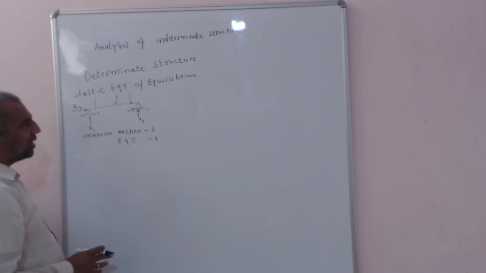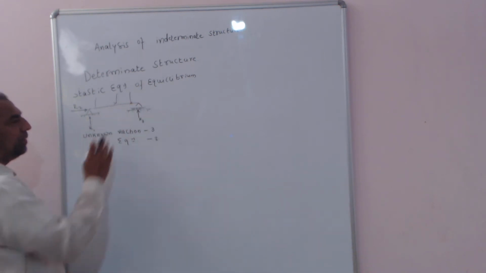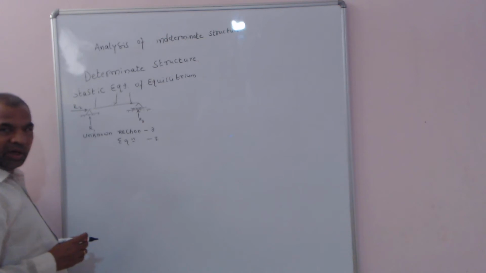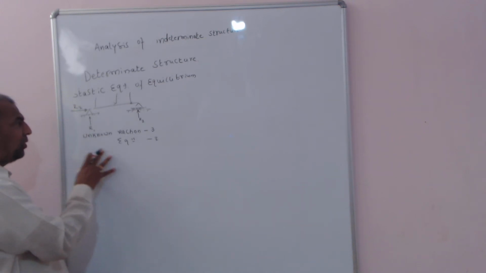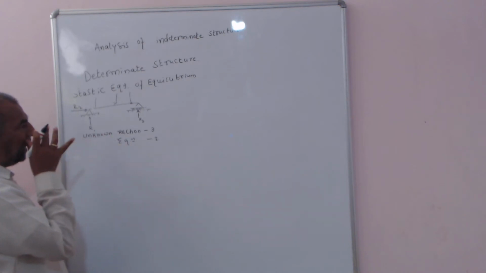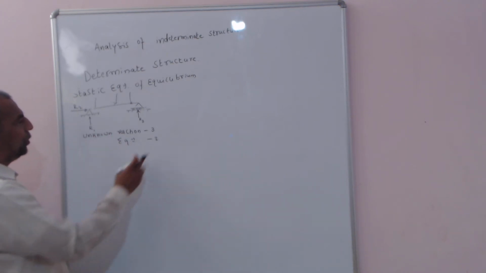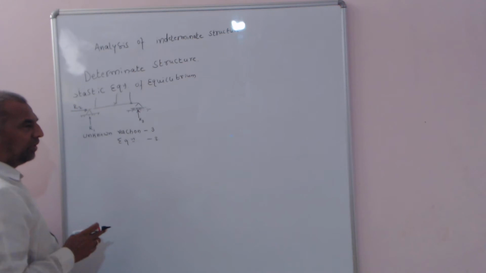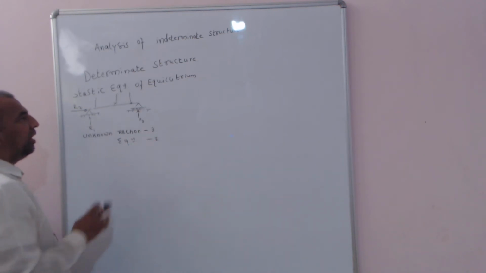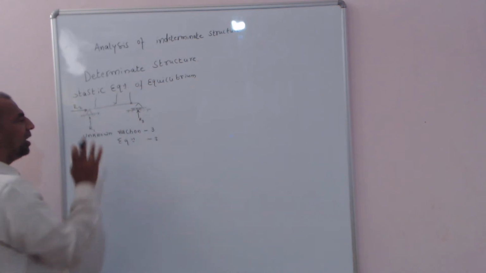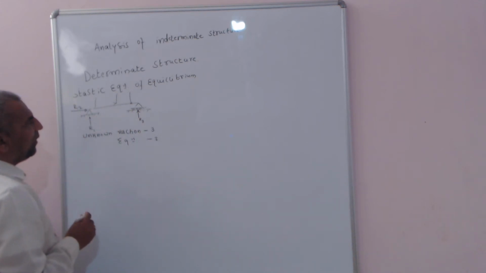Can you recall what are the static equations of equilibrium for this non-concurrent force system? Sum of horizontal forces equal to 0, sum of vertical forces equal to 0 and turning effect equal to 0. 3 equations, 3 unknowns. Can you compute all the reactions for any type of loading for this particular condition? Yes, I can calculate it.